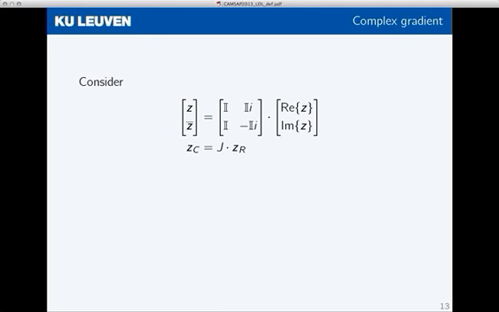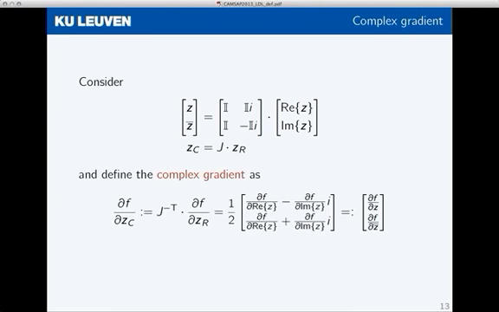If you take the real and imaginary part, they are related to Z and Z bar in this way, with the small known matrix J. What you can now do is, instead of computing the derivative with respect to ZR, that's the real and imaginary part, you could also compute the following derivative. You compute the derivative with respect to Z, taking Z bar constant, and the other way around. I call this df Z complex.